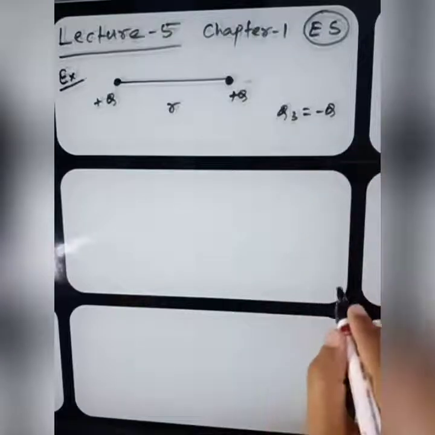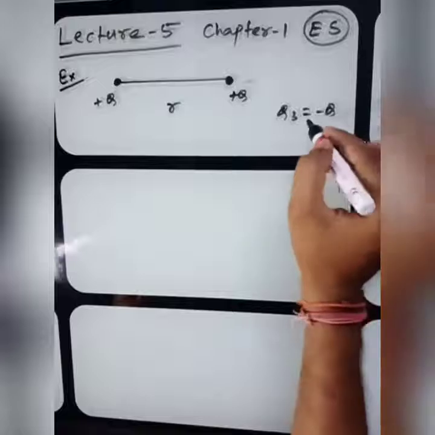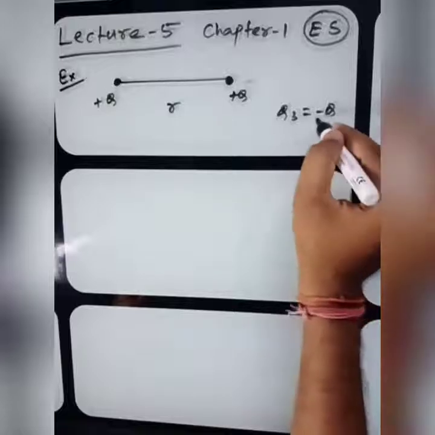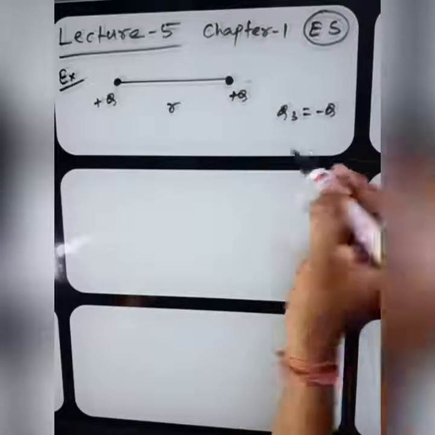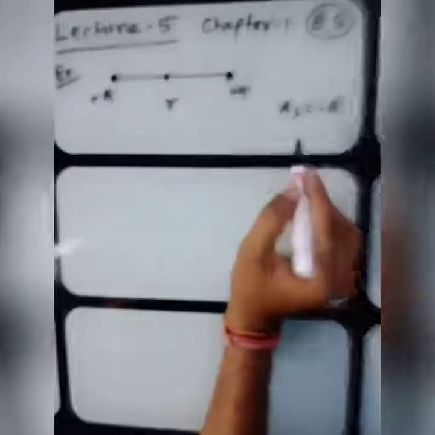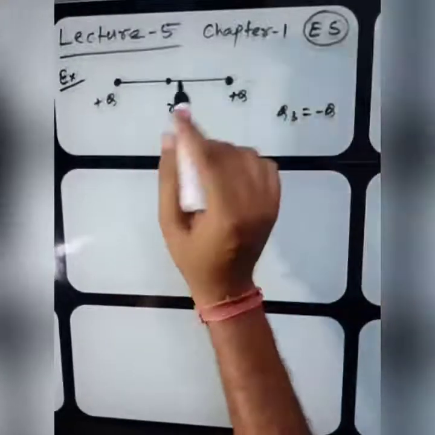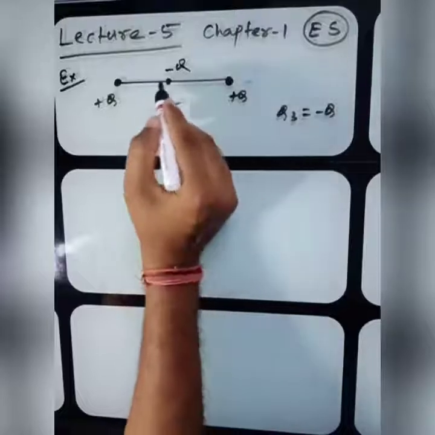So very simple. If I ask, where should I place this third charge so that it experiences net force 0? The answer will be in between these two charges, at the center. It will experience 0 force. Am I right?